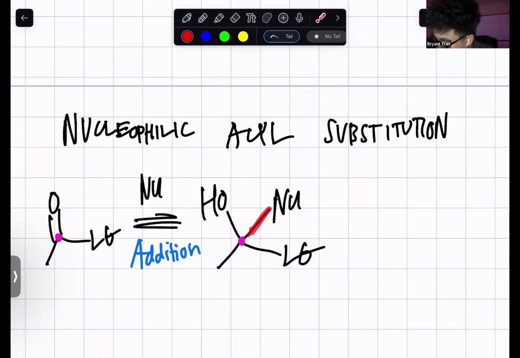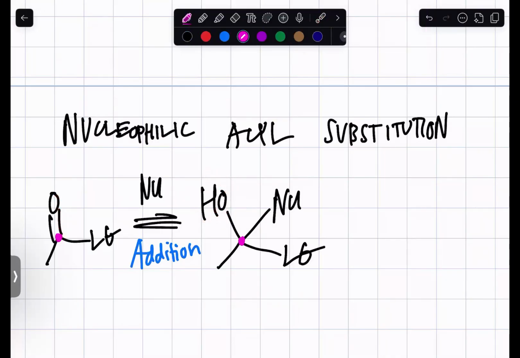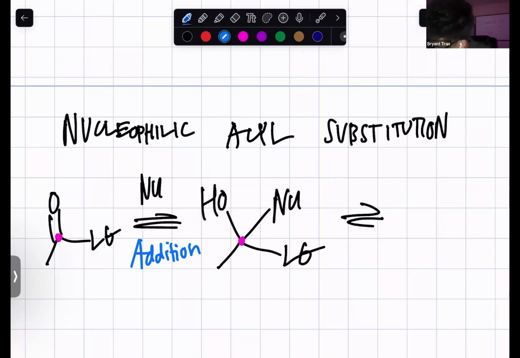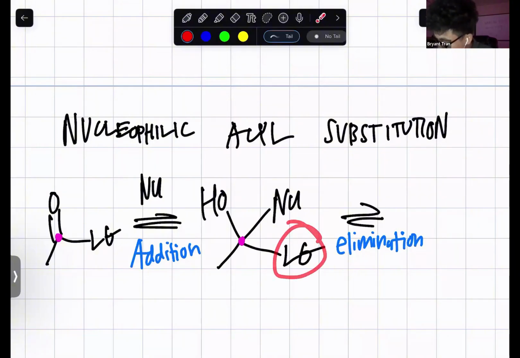This right here is the new bond, right? This bond here is part of the double bond, but one of the other bonds came onto the oxygen, which is now here. Okay. Now, what we could do is something called elimination, where we get rid of the old group, which is this leaving group right here.